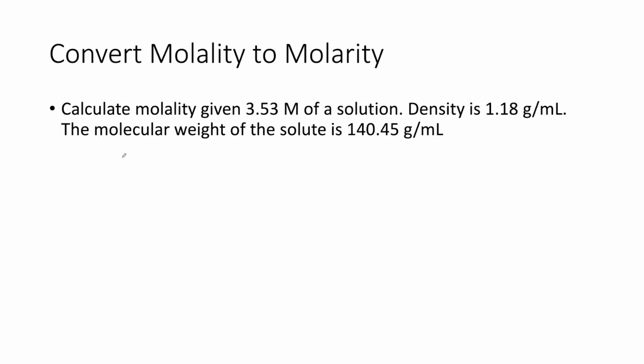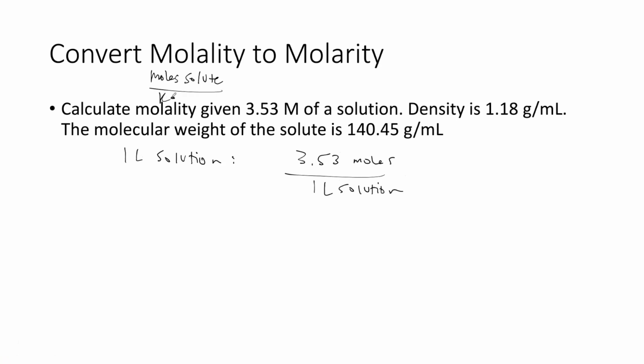So if we go ahead and assume 1 liter of solution, that means that we have 3.53 moles per 1 liter of solution. And if we want to figure out what the molality is, we have to remember that this is moles of solute per kilogram of solvent.